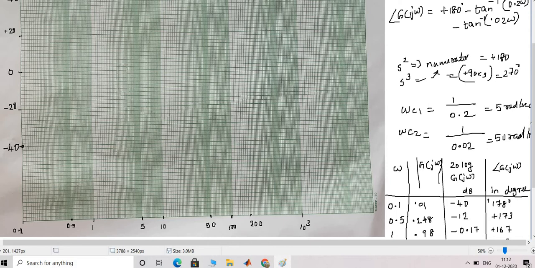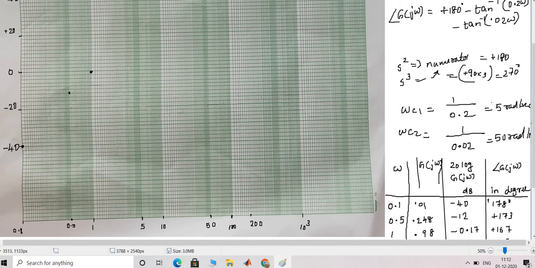So this is our first point. Corresponding to 0.5, the value is minus 12. This is 0.5, and this will be corresponding to minus 12. Corresponding to 1, the value is 0.1, which means it's approximately 0.